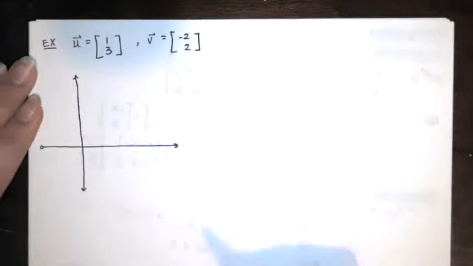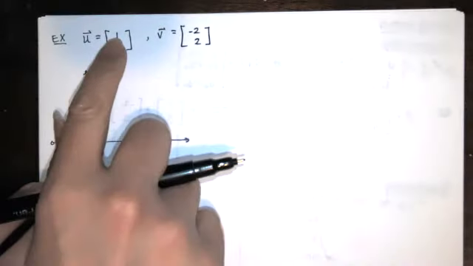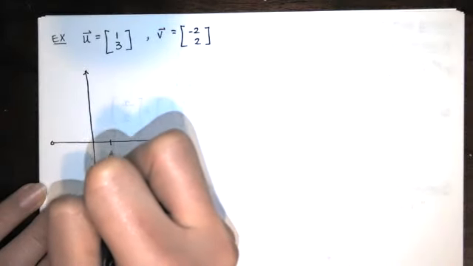So I would start by sketching the vector u. So it has components 1 and 3. If I start at the origin, I'm going to go 1 unit in the x direction, 3 units in the y direction.